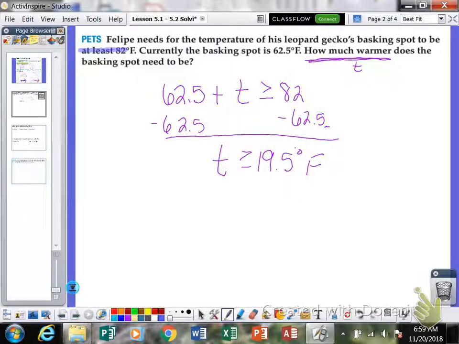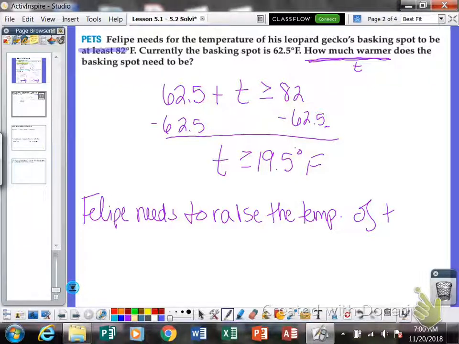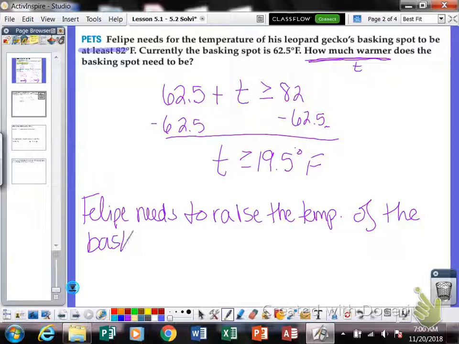It doesn't need to be anything major, but Felipe needs to raise the temperature of the basking spot 19.5 degrees Fahrenheit more. So that answers the question. We really should summarize that in a quick little sentence.